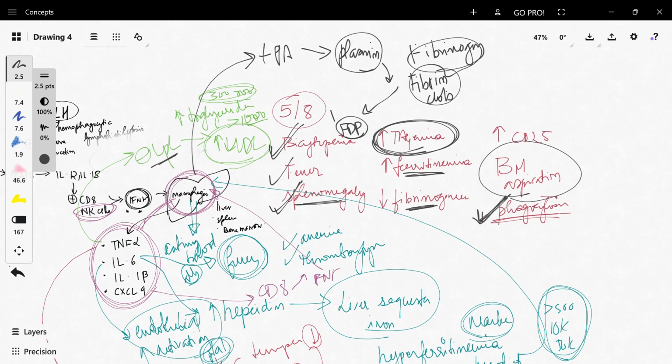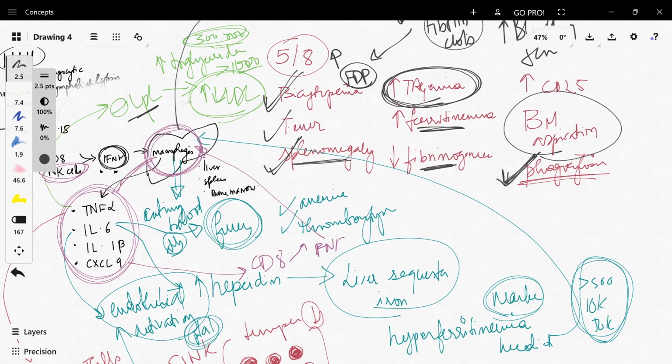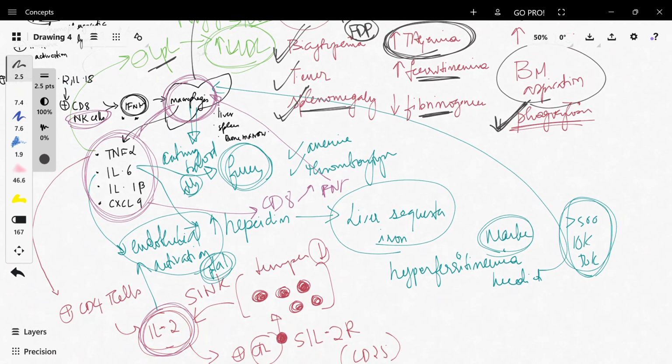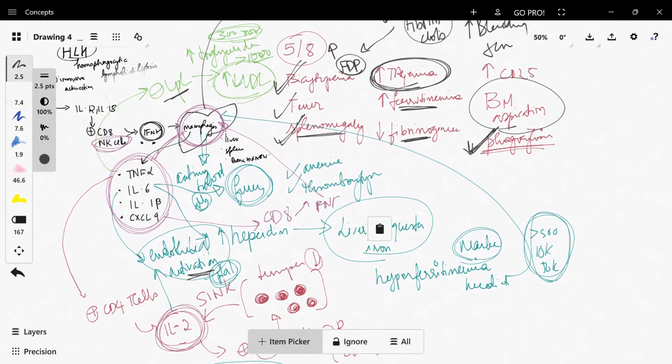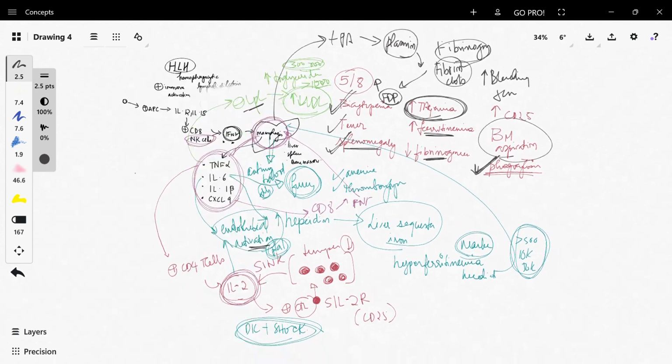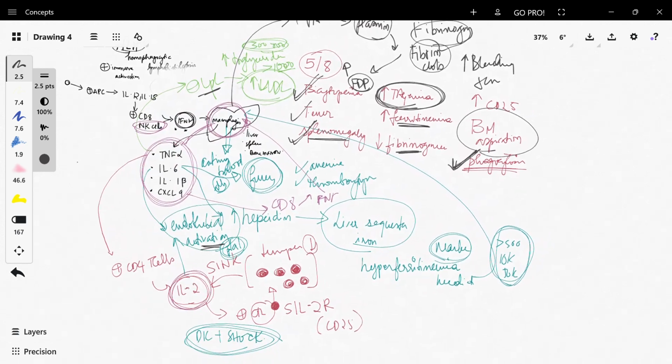And that is what causes the fibrin degradation products to be increased in HLH. So this is also causing an increased bleeding tendency, which ties into what we saw earlier with the endothelial activation and the hypofibrinogenemia.